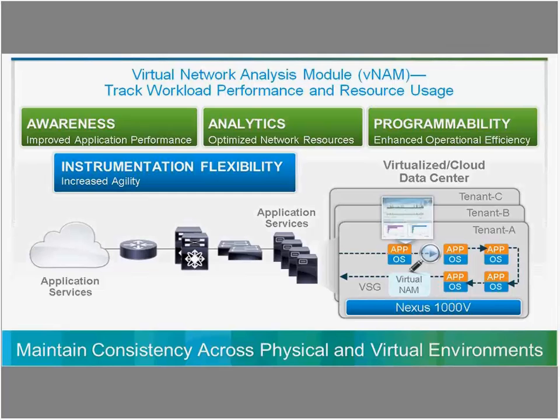So basically, it extends your visibility into a per tenant basis. You can deploy the vNAM per tenant basis to get analysis done at the virtual level. If you are billing a customer on the performance or on the usage, then this is a handy tool to give you that visibility on the load and the application resources being used at the virtual level.